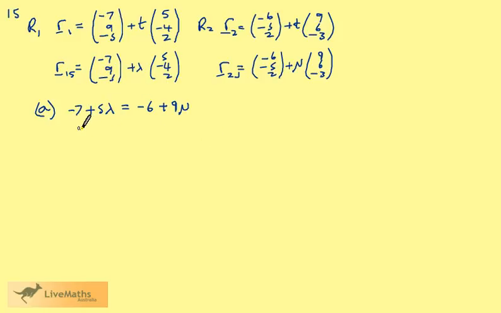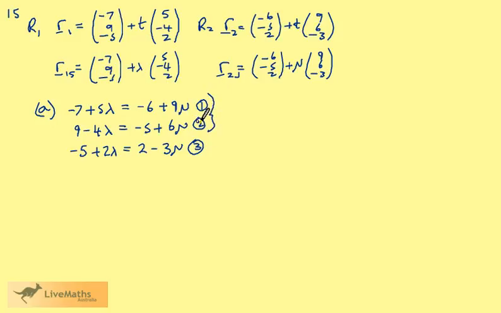For j components, we get 9 minus 4 lambda is negative 5 plus 6 mu. And then for z components, or k components, negative 5 plus 2 lambda is 2 take 3 mu. Let's call these 1, 2, and 3.